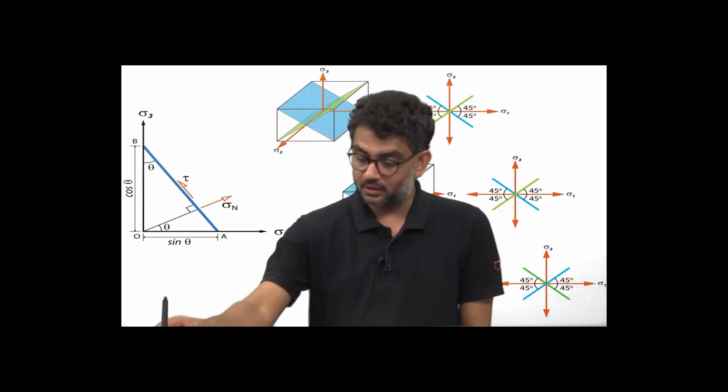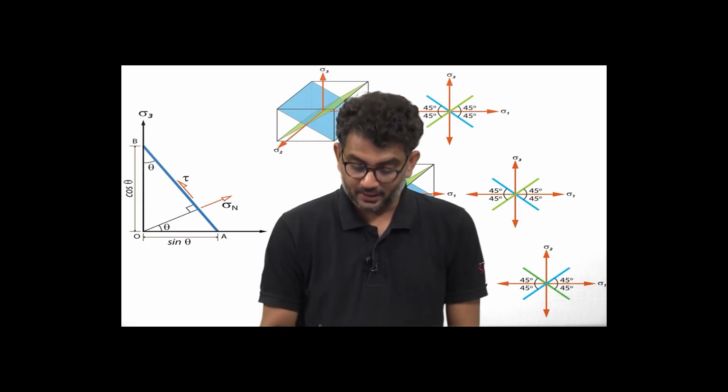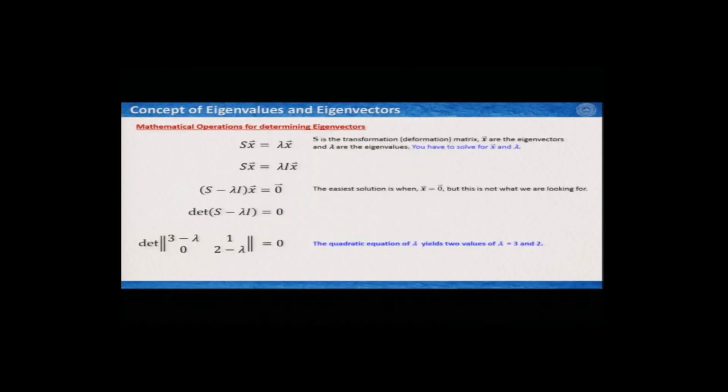But before that, this is how we have understood it geometrically, that the red and purple, these two, are my eigenvectors with some eigenvalues, but how do we calculate them mathematically? Now eigenvalues and eigenvectors are defined in this way.